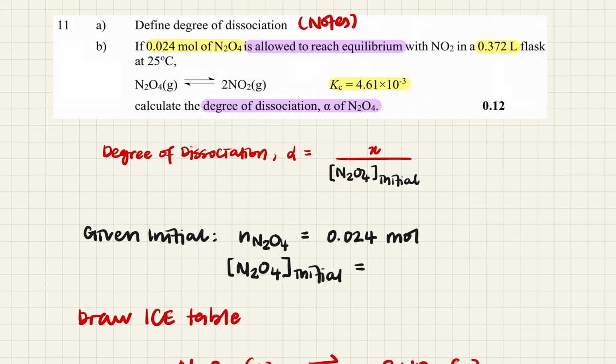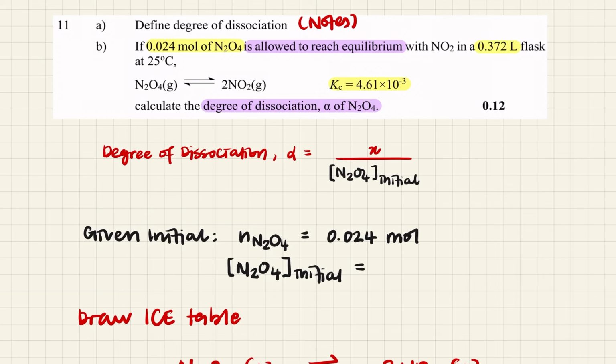So we need to find our x and we need our initial concentration. In your question, you are already given the number of moles of N2O4 initially. To find concentration, you use the formula molarity equals number of moles over volume. That means you just divide the moles by the volume.